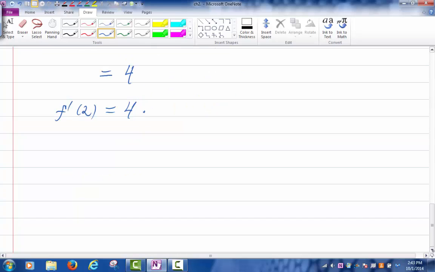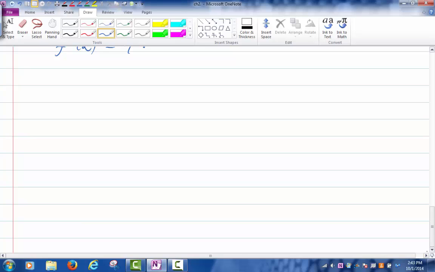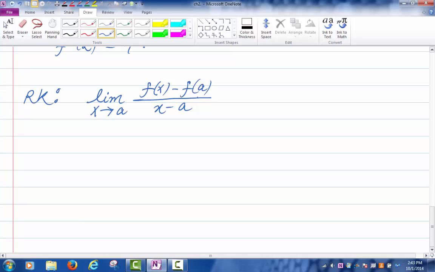There is another way of writing the derivative. We define the derivative at A as a limit, and there is another way of writing that limit, which is sometimes useful. So here's the remark. If we define the derivative of f at A by this limit, the limit of f of x minus f of A divided by x minus A, this is known as a difference quotient. You guys have computed these quantities in the algebra review.